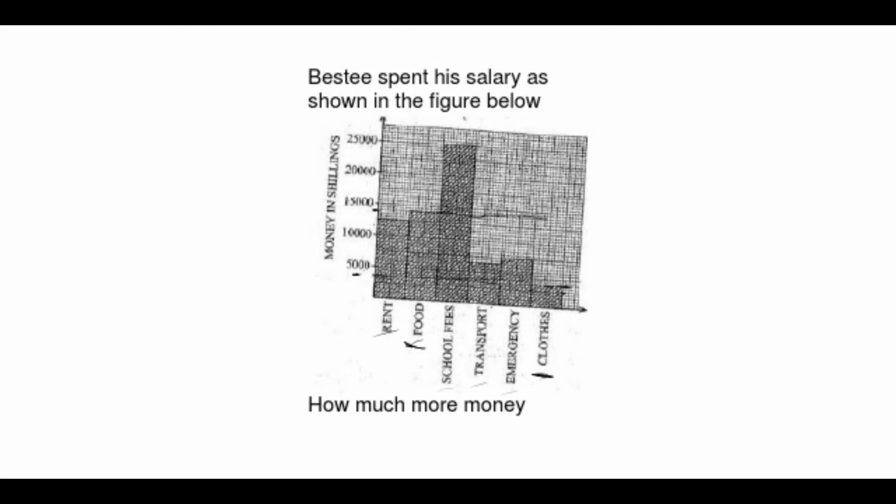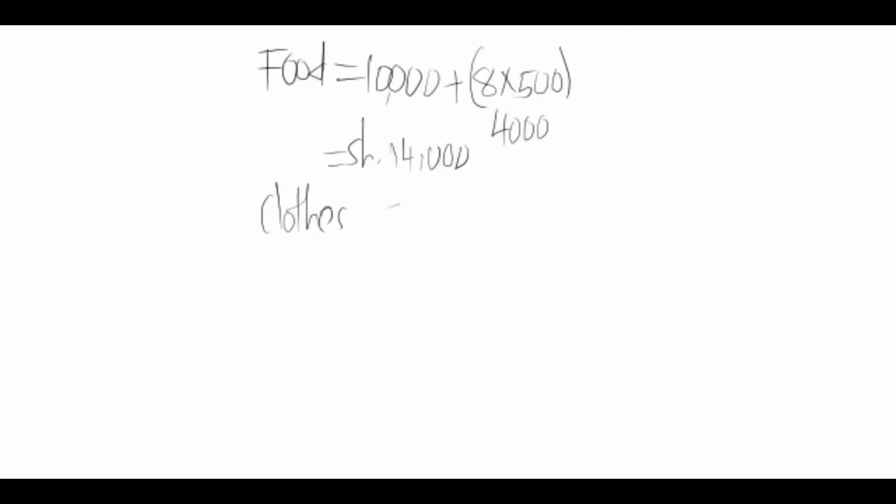One square is equal to 500. Therefore we multiply 7 small squares by 500. This will give us 3,500 shillings. That is the amount of money that Bestie spends for clothes.